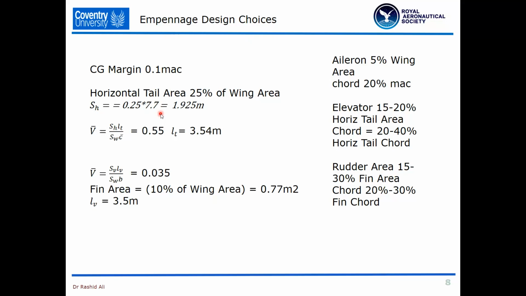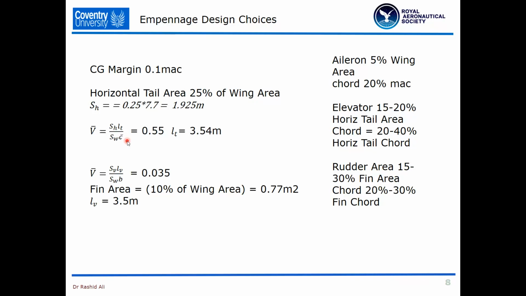Now, using the formula indicated, which is the area of the horizontal tail multiplied by the tail arm, divided by the wing area times the mean aerodynamic chord, with V bar assumed to be 0.55, with the wing area computed before, and the horizontal tail area computed as 30% or 25% of the wing area, I can work out the tail arm.